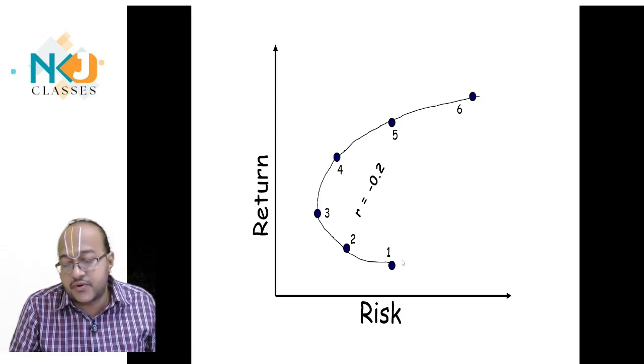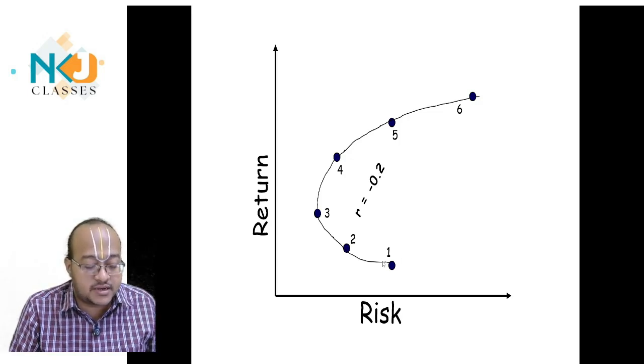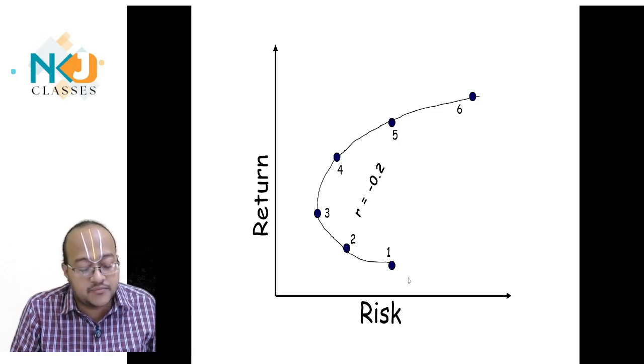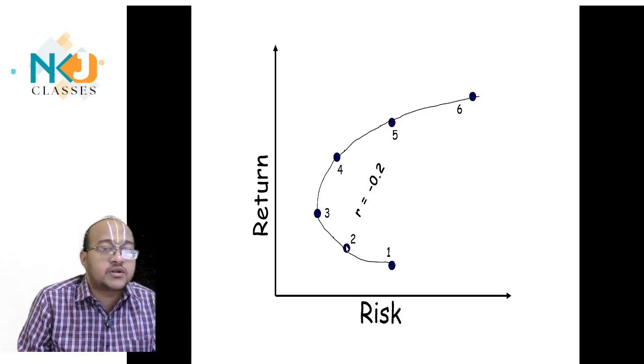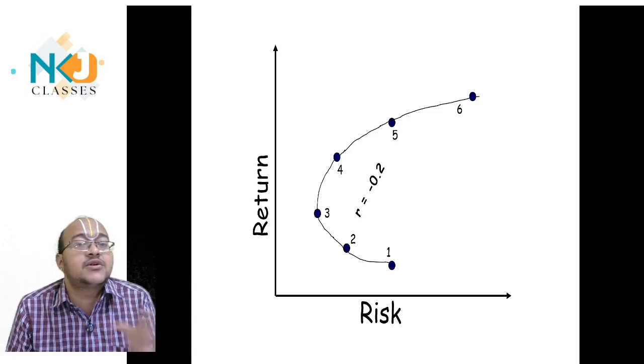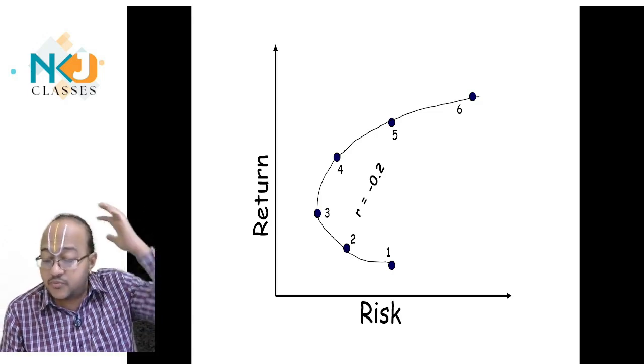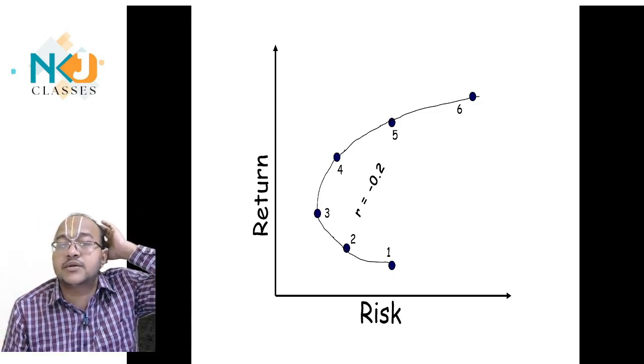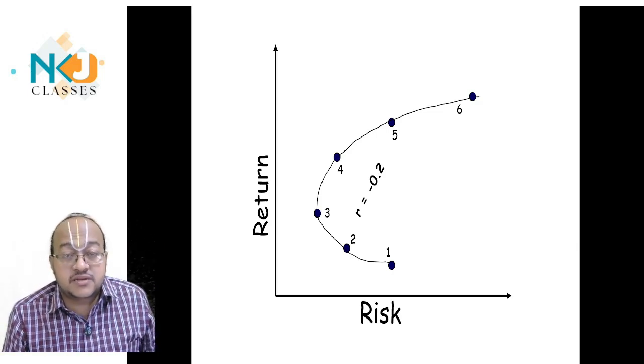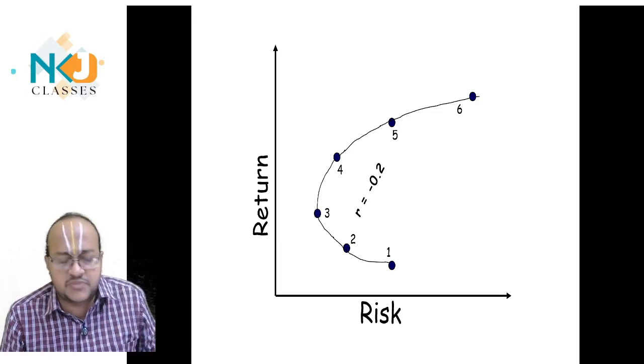Return has increased from 12% to 12.8%, correct? Point 2 is slightly above point 1, but it is moving leftwards. Leftwards means the risk is reducing. The risk got reduced from 20% to 17.64% or something, correct?